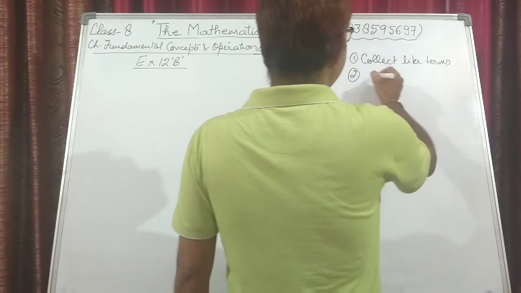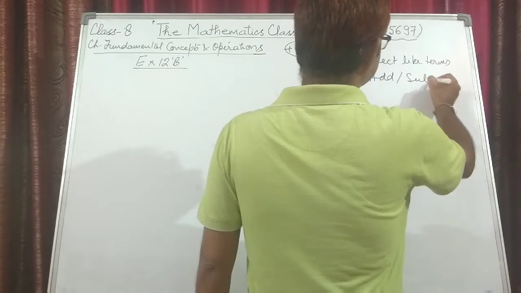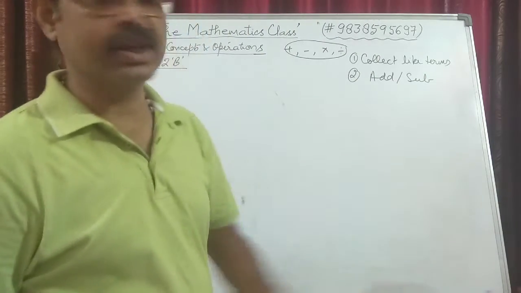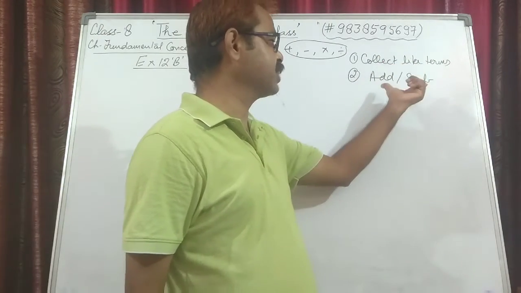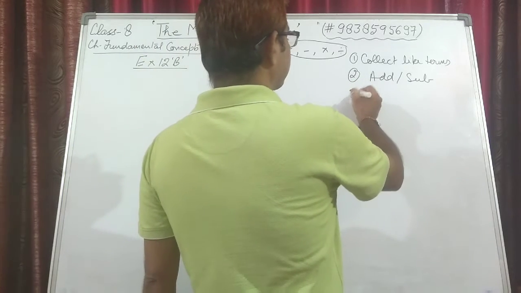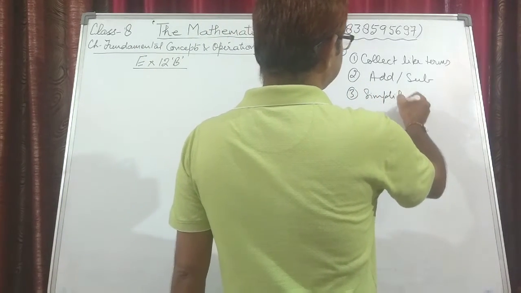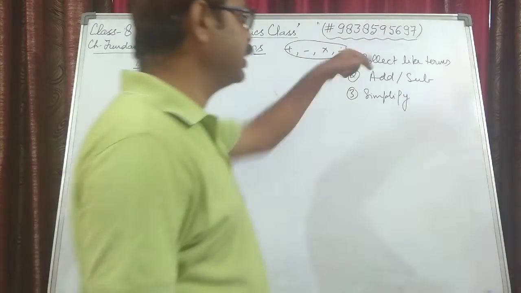Then we add or subtract according to what is given in the question, and then we simplify to write the answer. These are the three major steps.